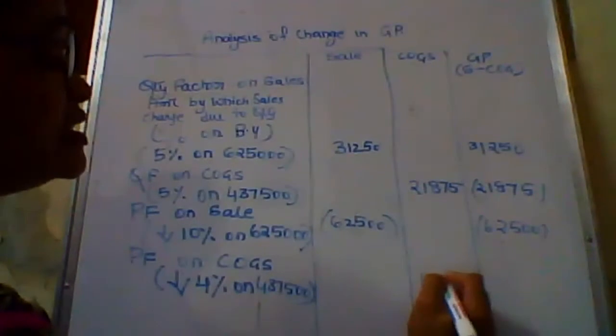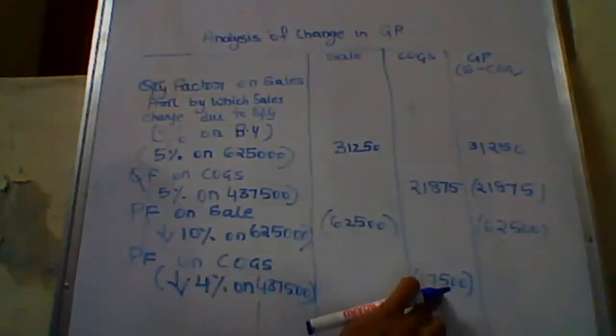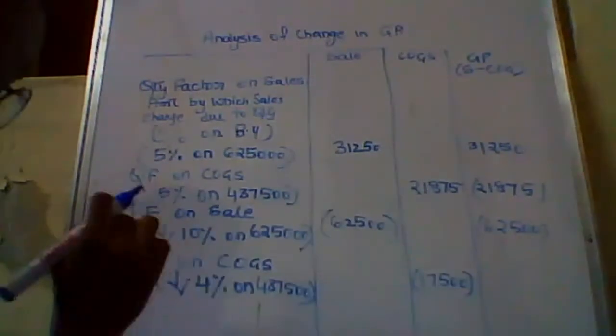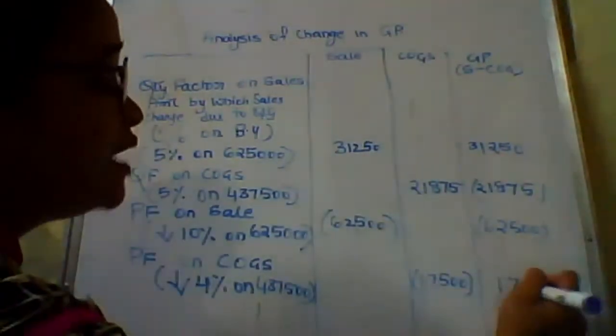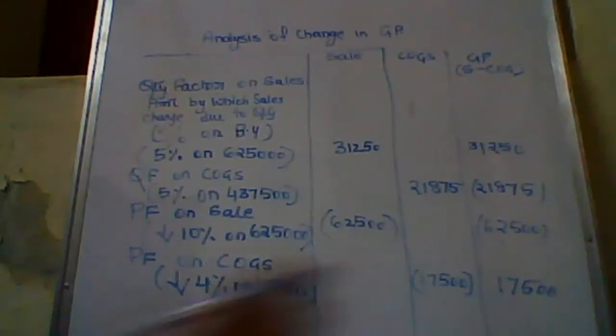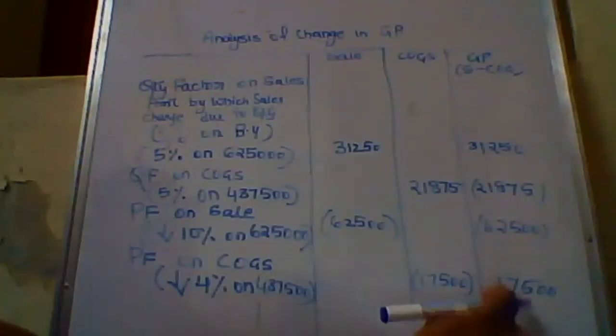So 17,500 is a decrease, means minus. Sales minus cost of goods sold is gross profit, so here you have to minus the cost of goods sold amount.